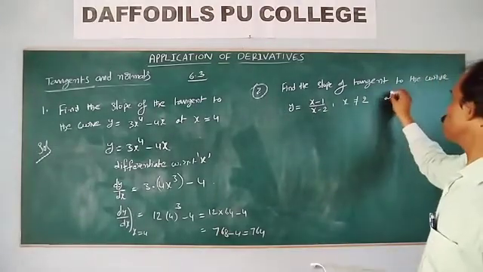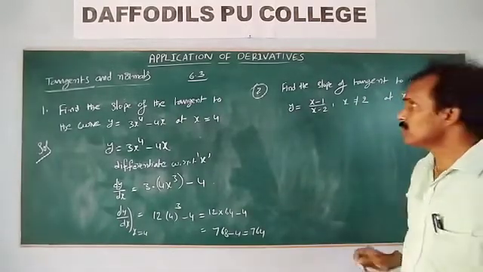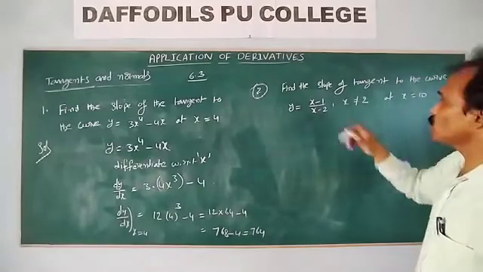At x is equal to 10, find the slope of the tangent to the curve.